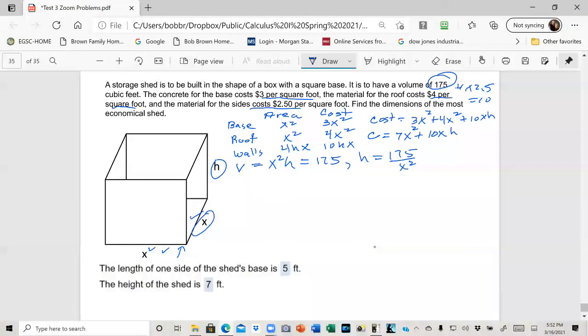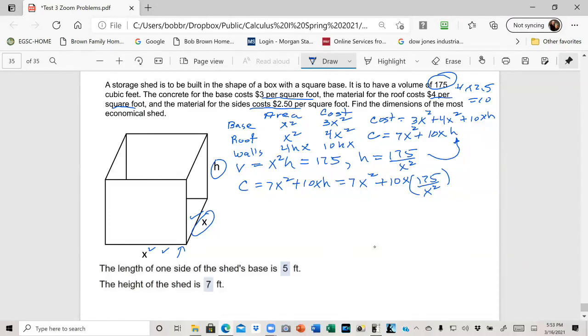And we can put this in this function, leading to C equals 7x squared plus 10xh equals 7x squared plus 10x times 175 over x squared.